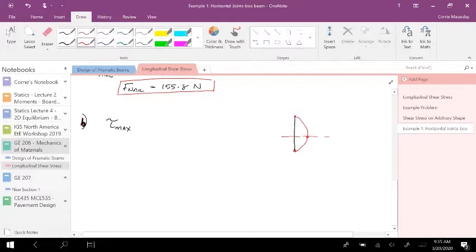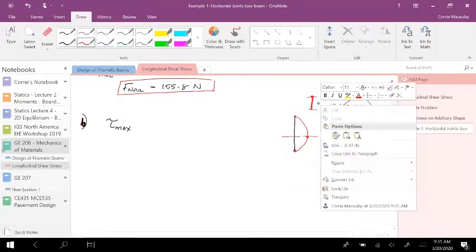If we have a uniform, like a rectangular square beam, right? Even if we don't have a uniform or square beam, say for example we had this cross section and the neutral axis was a little lower, the distribution of the stress is going to be 0 here, 0 here, still going to be maximum at the neutral axis.